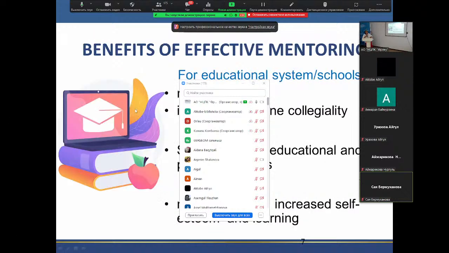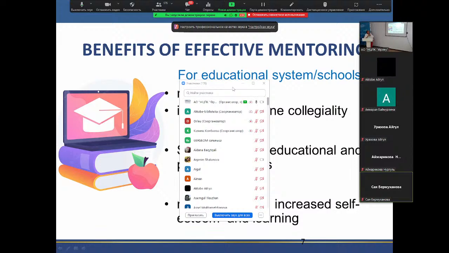So, of course, we need to speak about the benefits of effective mentoring. For the educational system and schools: retention and increased genuine collegiality. For mentees: support in both educational and personal senses. Usually we support our mentees not only professionally, but they also try to find a kind of older friend to share all their personal problems.